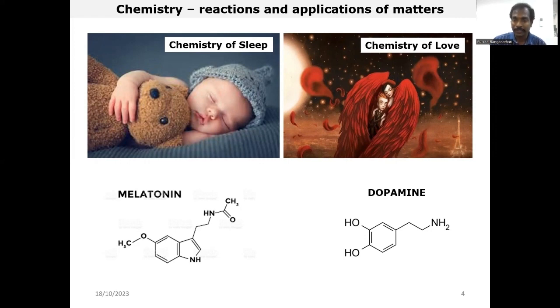So I want to say that chemical reactions produce products, and that product will be applied in different forms. For example, we get sleep because of the chemical product melatonin, and our feeling of love is because of dopamine. Different chemical products can also be used in different sectors. We are using many kinds of chemical products in our day-to-day life.